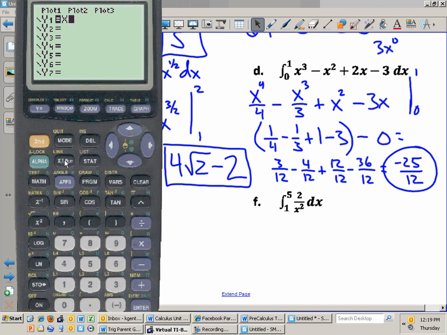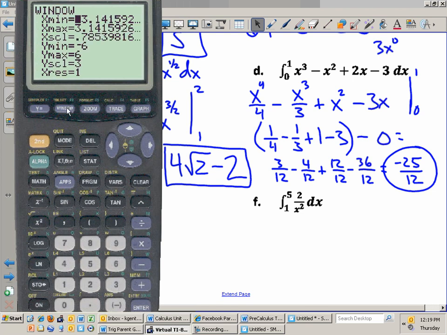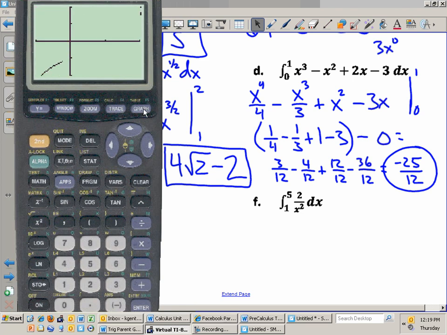Let's graph it, see what we get. X to the third minus x squared plus 2x minus 3. And I'm simply going from 0 to 1. So I'm going to change my window just a little bit. And I'm going to have an x min of -1. And I'm going to go to positive 2. And that should be more than sufficient to see all the information I'm looking for.